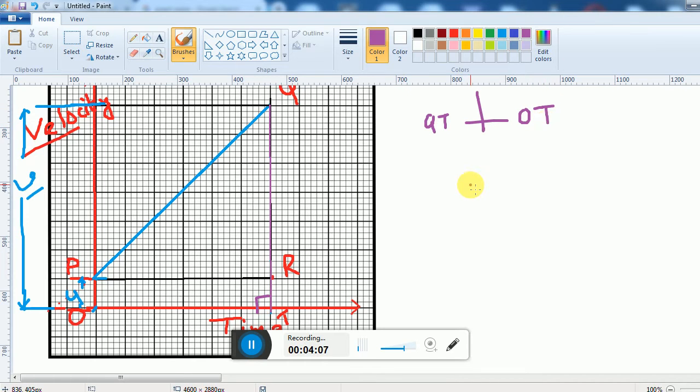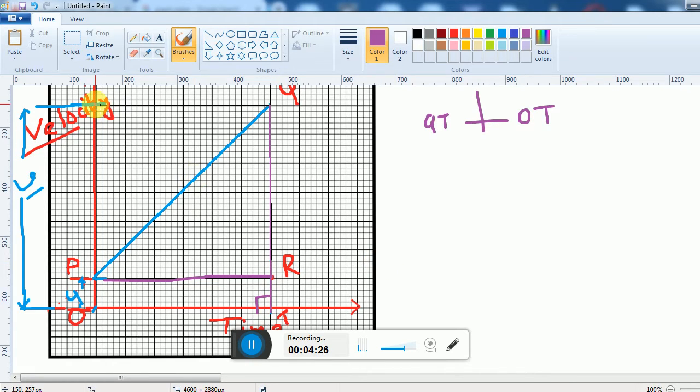And also RP is perpendicular to OS. Which one is OS here?